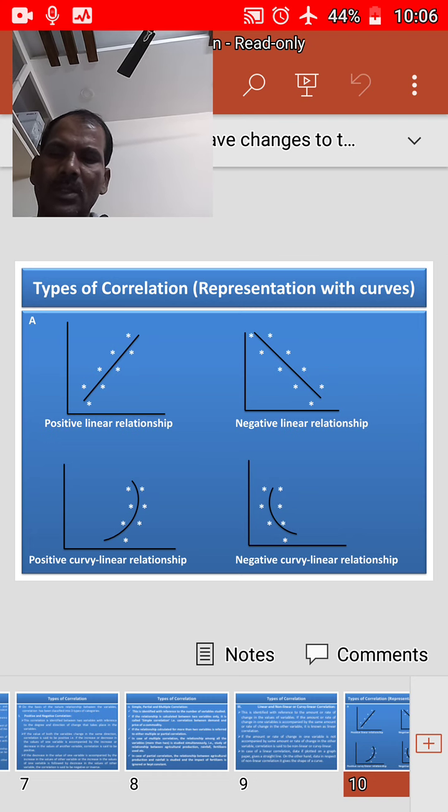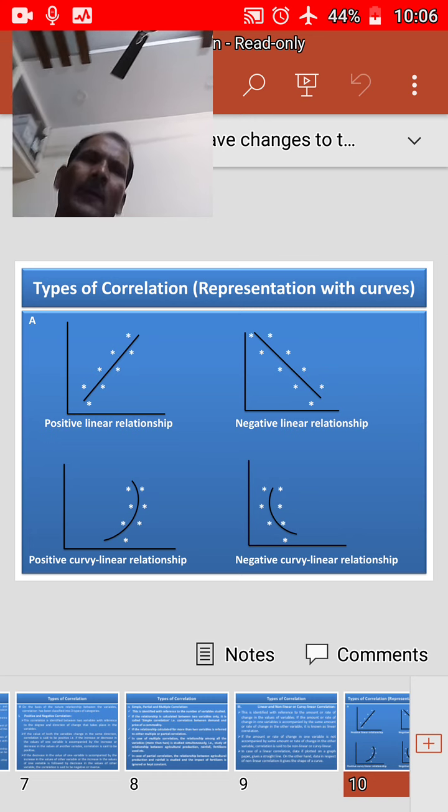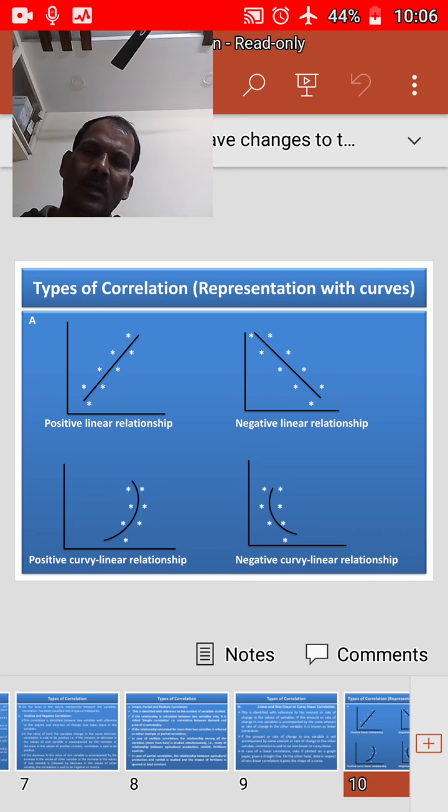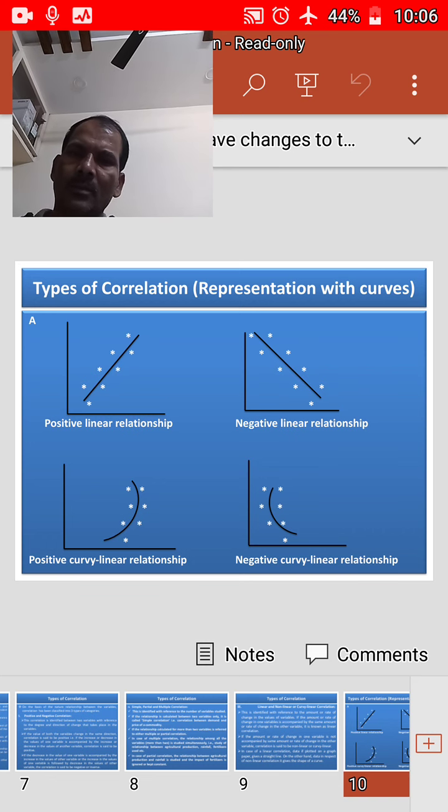Next, the curvilinear relationship. These are not the above two linear lines, where the rate of change of one variable is accompanied by the same rate of change in the other.